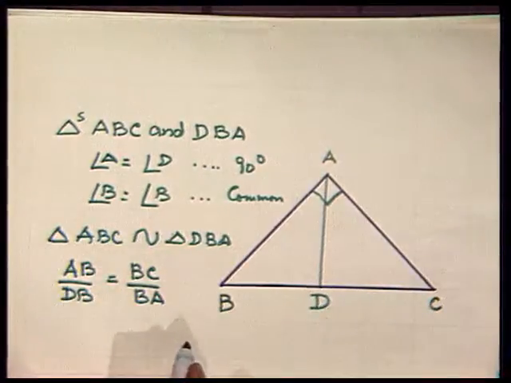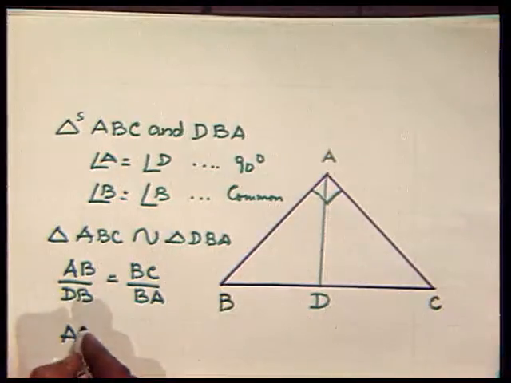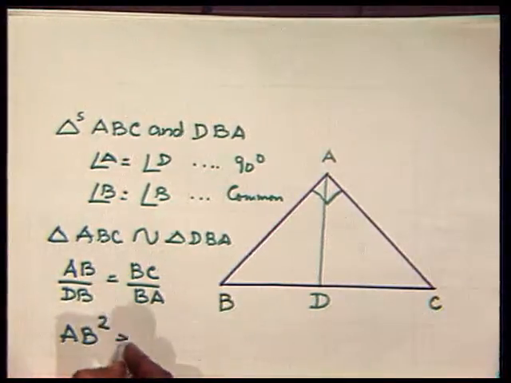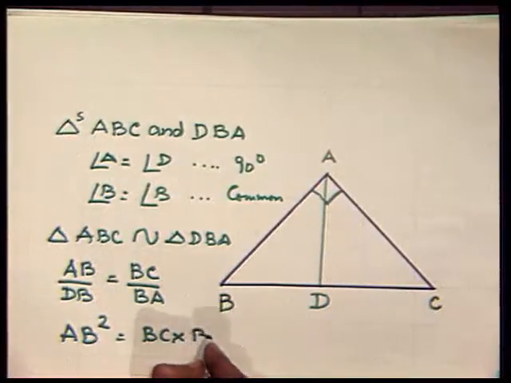If we cross multiply this, we get AB times AB, that is AB squared is equal to BC into BD.